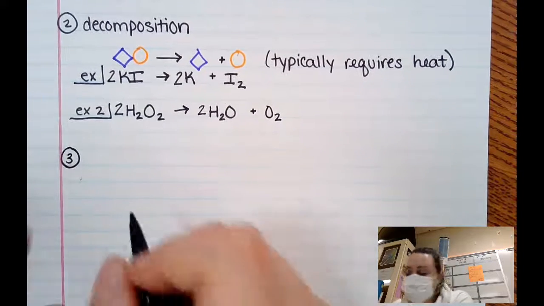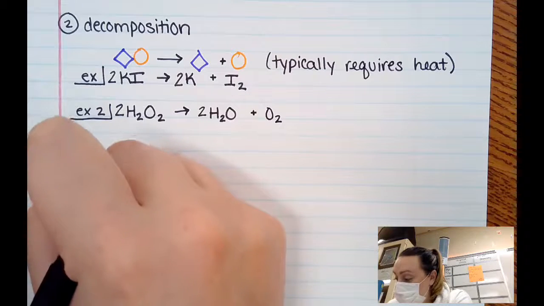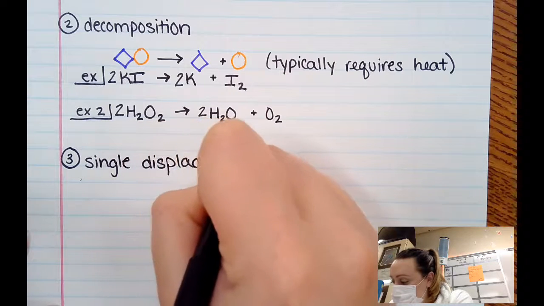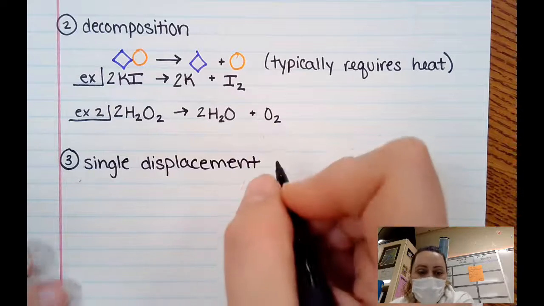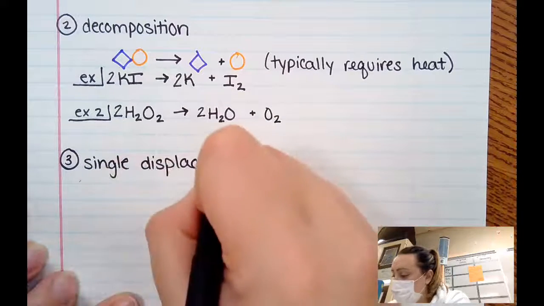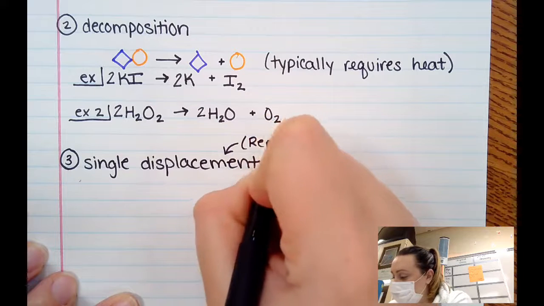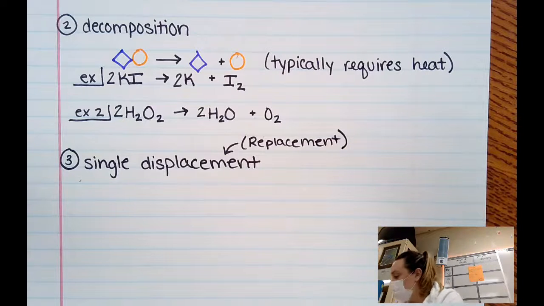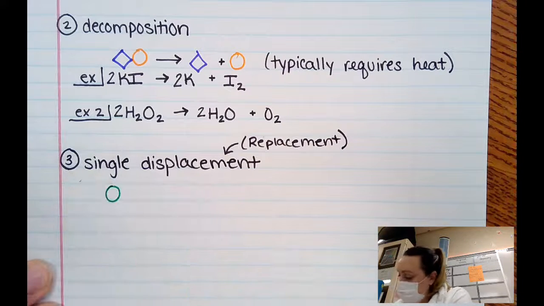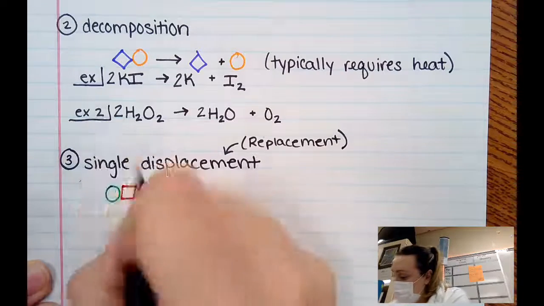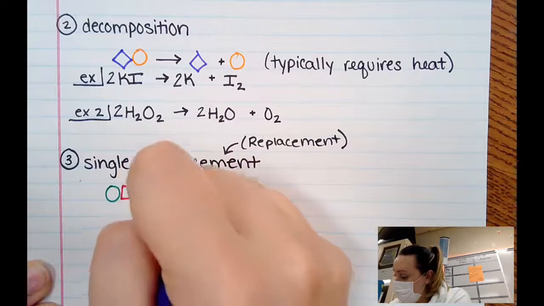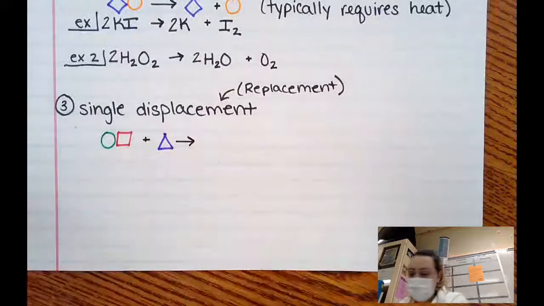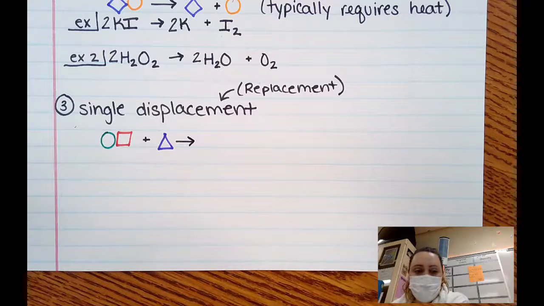Our third type of reaction is single displacement. And you will also hear it called single replacement. So here we have a compound mixing with an element, and it really does matter if these are positive or negative.